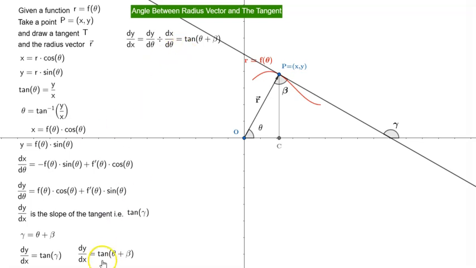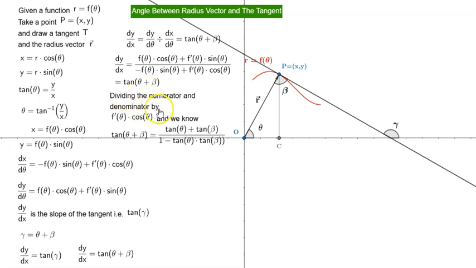So the right hand side we just keep carrying. dy by dx equal to, remember we are dividing these two, dy by d theta, which is f theta cos theta plus f prime theta times sine theta, divided by dx by d theta, that is minus f theta sine theta plus f prime theta cos theta, is equal to tan of theta plus beta.